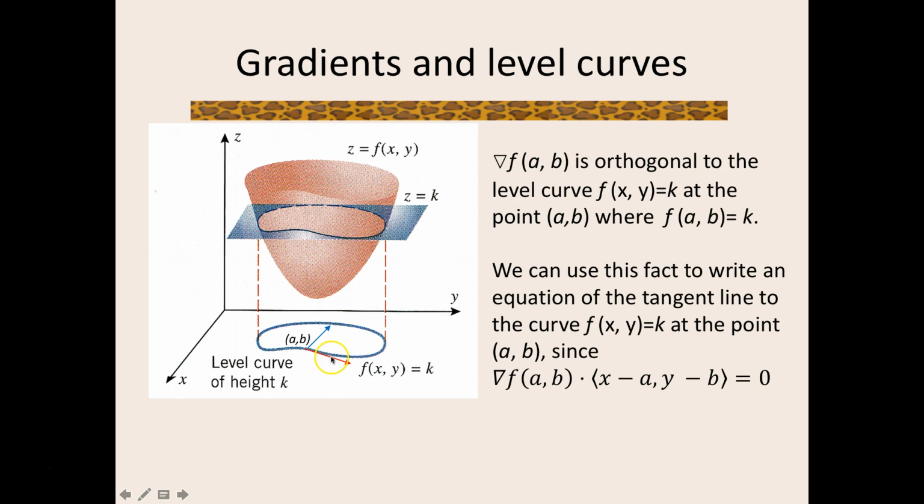If I let x and y be the coordinates of some point on this red line, x minus a would be the first component, and y minus b would be the second component. So because the blue and red vectors are orthogonal, this dot product would be 0, and that would actually give us an equation of the tangent line. Very different from y equals mx plus b, but it can be rewritten in that form.